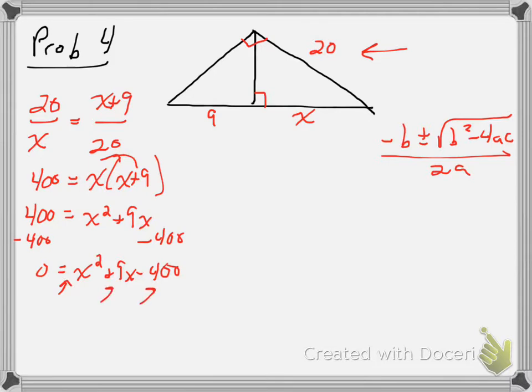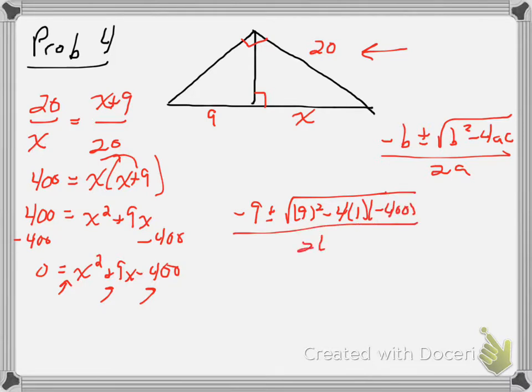So negative b plus or minus the square root of b squared minus 4 times a times c, which is negative 400, all over 2 times a. I would just punch all that in my calculator. I get negative 9 plus or minus the square root of 1,681, all over 2.